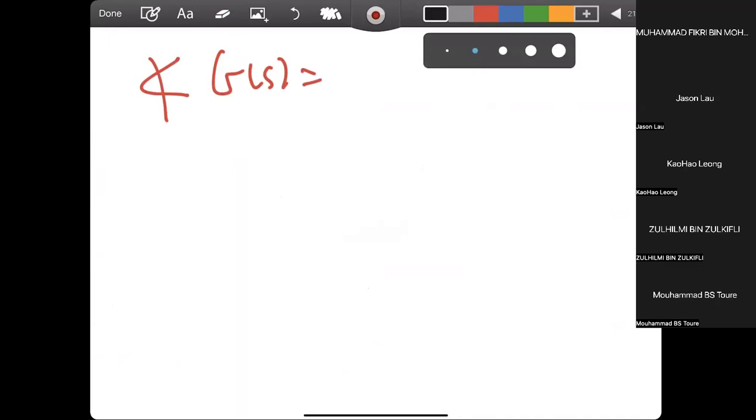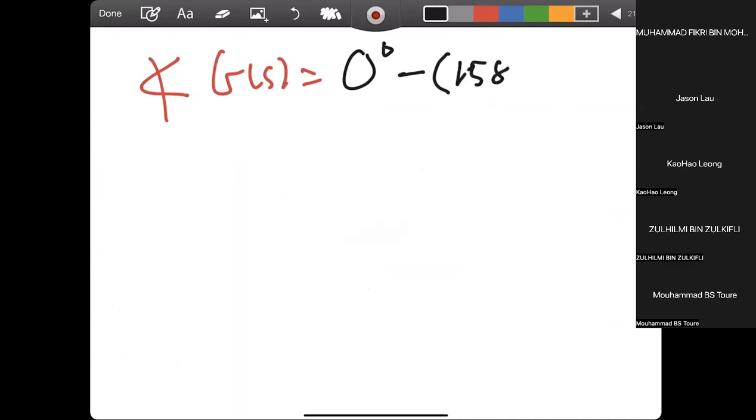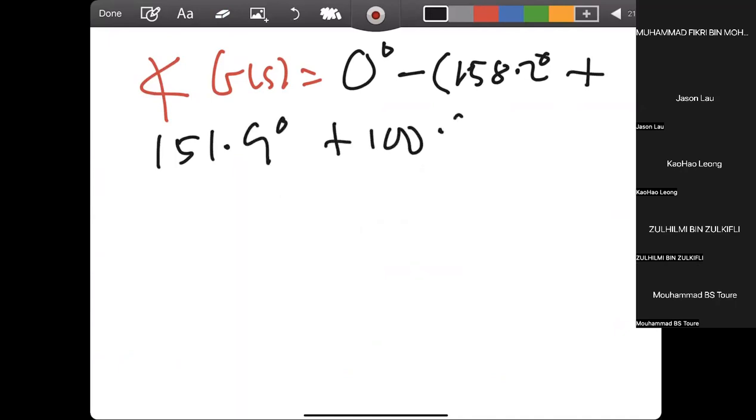0 degrees because of the gain. Gain is 0 degrees, minus 158.2 degrees, 151.9 degrees, plus 100.88 degrees, plus 129.8 degrees.